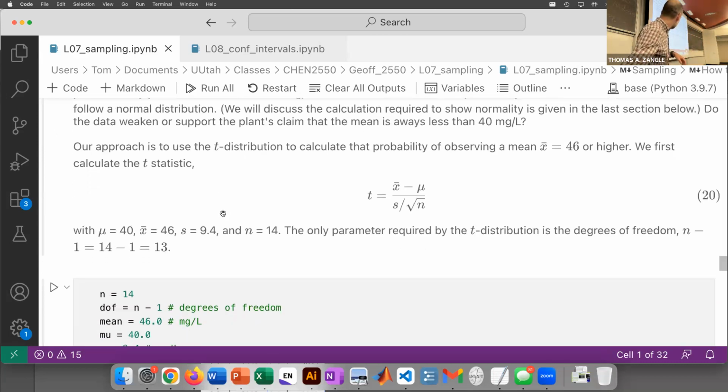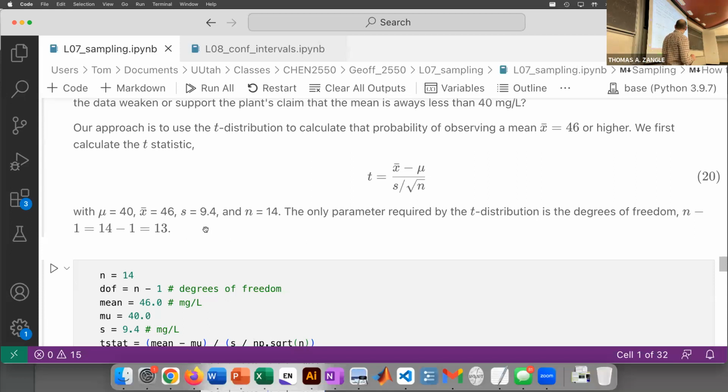So we're going to say that if the actual mean of this data is 40 milligrams per liter, our sample mean was 46 milligrams per liter, and we had a sample of 14, we're trying to see what is the probability that this data could have come from a plant with an actual mean of less than 40 milligrams per liter.